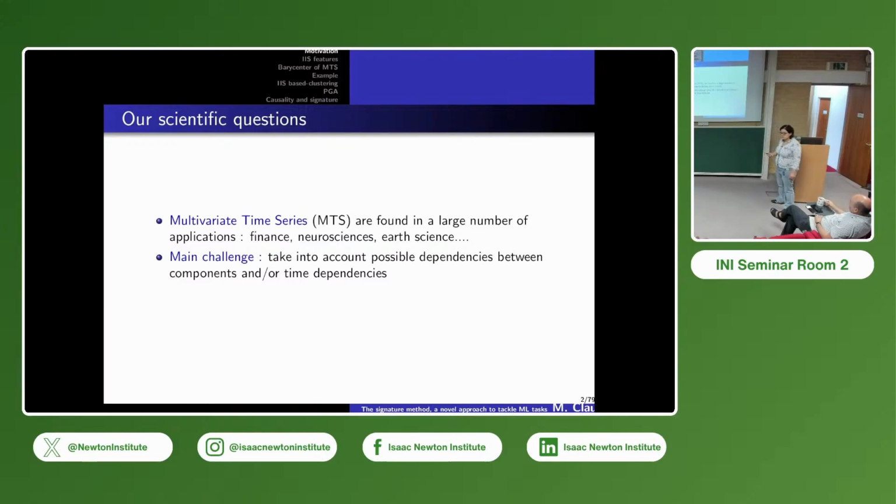The point is that if we study multivariate time series, we have to take into account two kinds of dependencies: temporal dependencies within each time series and spatial dependencies between components of the multivariate time series. The claim of the talk is that the signature method is a nice way to do so.